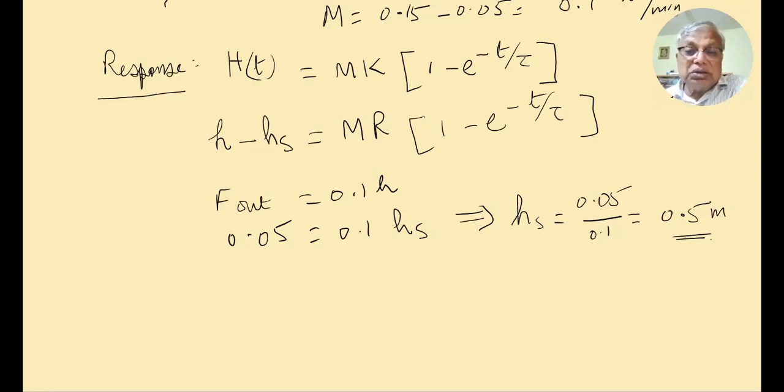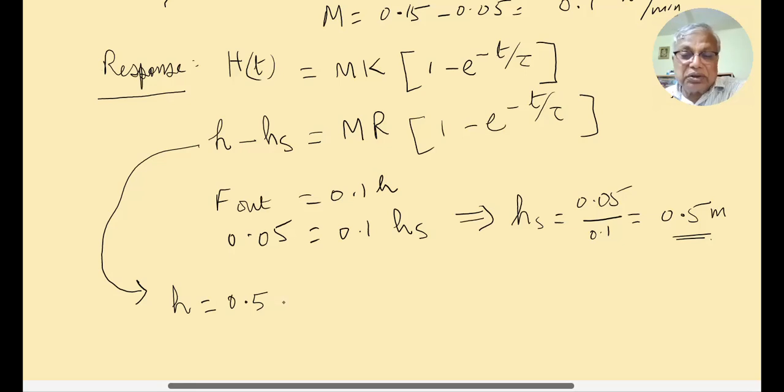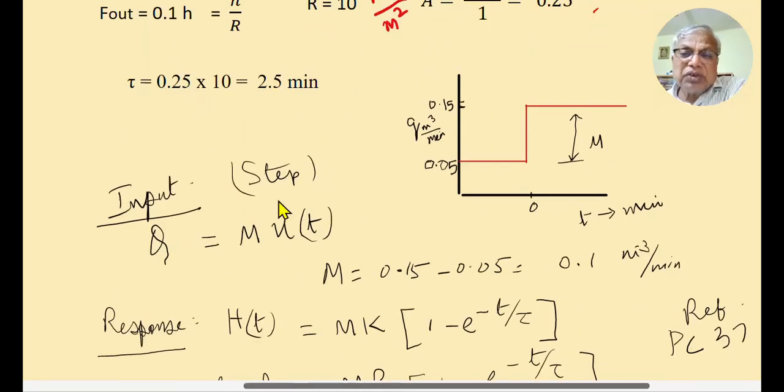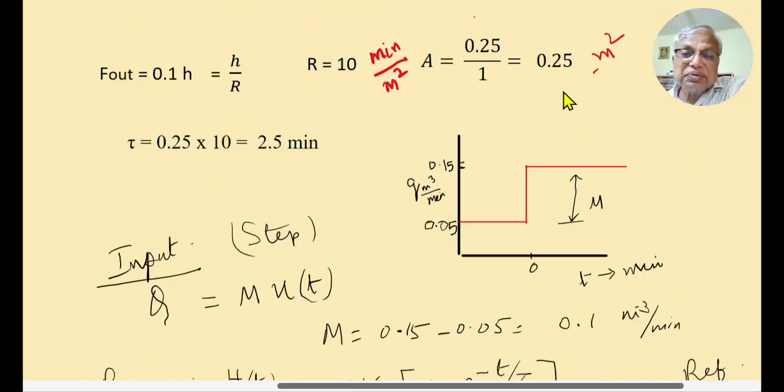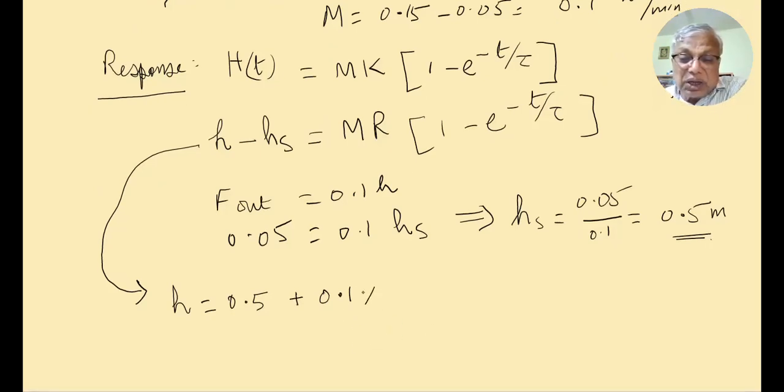Now let me substitute all these values in this equation. I take hs to the other side: H equals 0.5 plus M, which is 0.1, into R, which is 10, into 1 minus e power minus t, with tau 2.5.